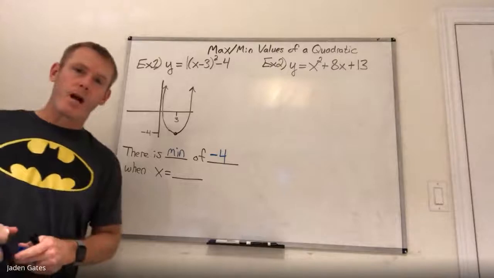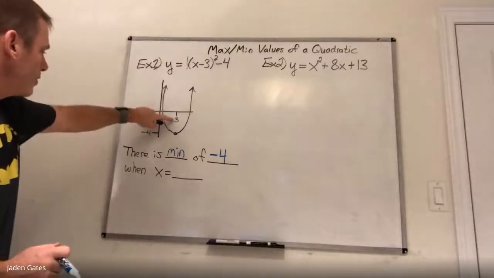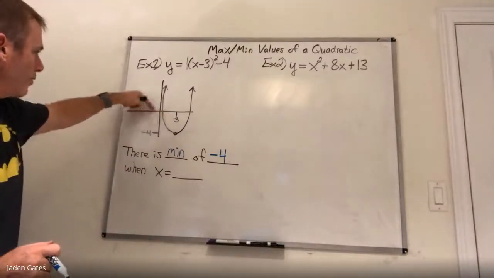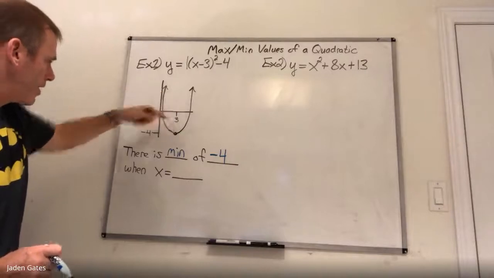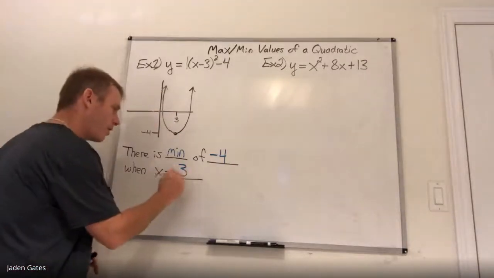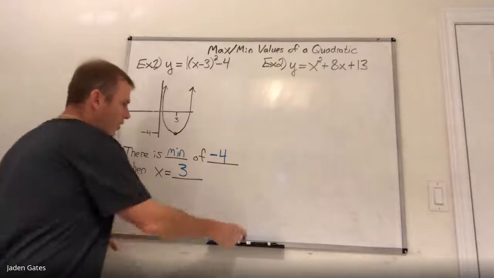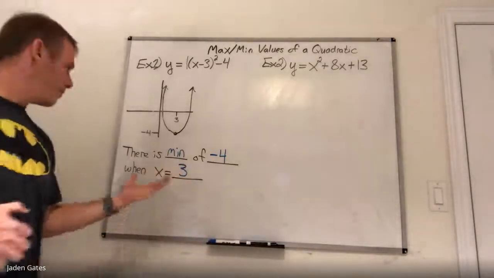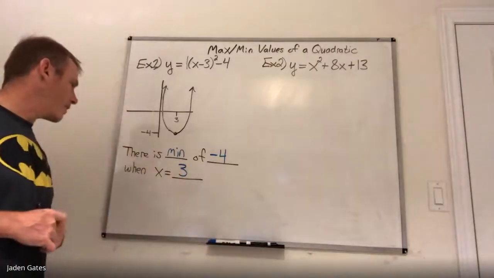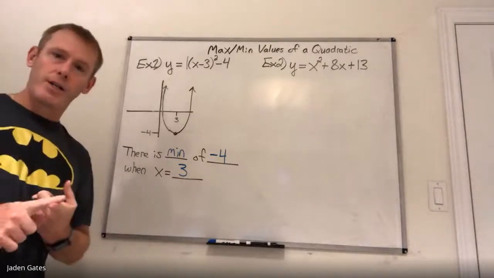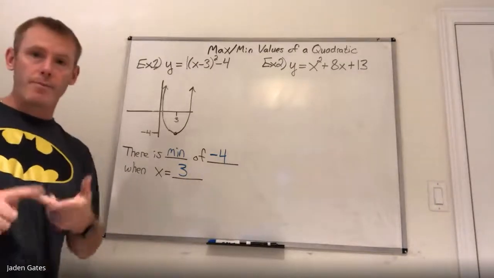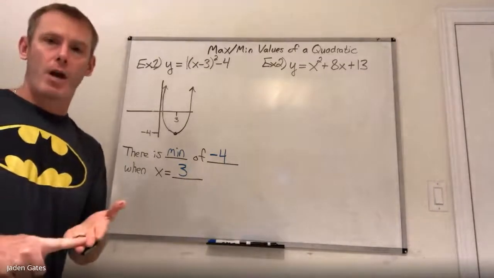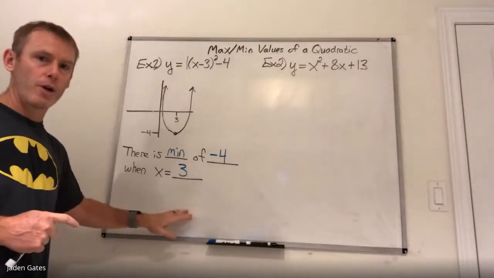And when does it happen? The x value, that's what we're referring to here. Well, if we move over to 3, x equals 3, that is when we get our low spot. And so that one sentence there, a min of -4 when x equals 3, tells me that this quadratic function has a min, what it is, and when it happens. All right, so that sentence, again, is going to be key.